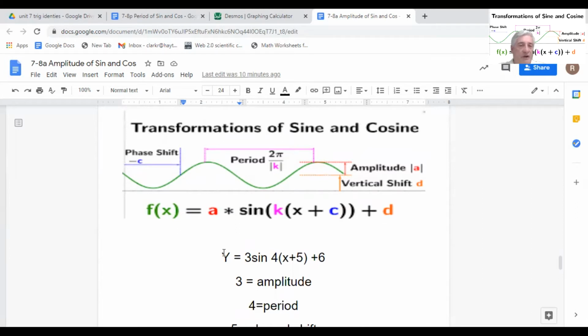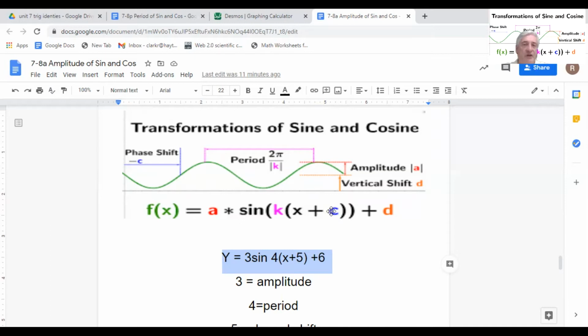In my illustration here, 3 is amplitude. K is period. Period is normally, when K is 1, the period is 2 pi. You're going to repeat our humps every 2 pi. We'll show you that when we get to the graph. Now, if you change K, you can compress the humps or you can widen the humps.